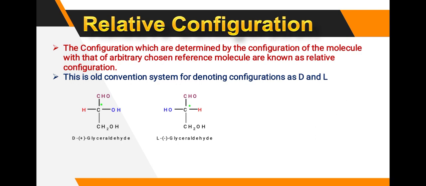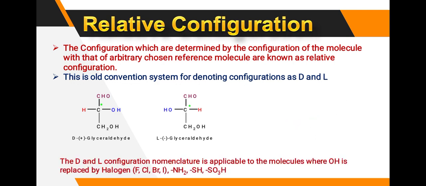So here the position of OH is changed. So this is L-glyceraldehyde. The D and L configuration nomenclature is applicable to molecules where OH is replaced by halogen, fluorine, chlorine, bromine, iodine, then NH2, SH, and SO3OH. This is all about glyceraldehyde, the dextro and levo situation.